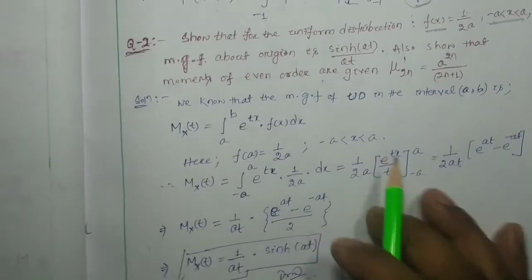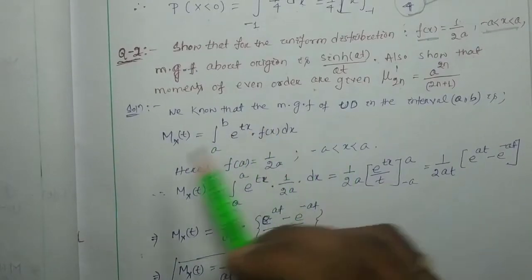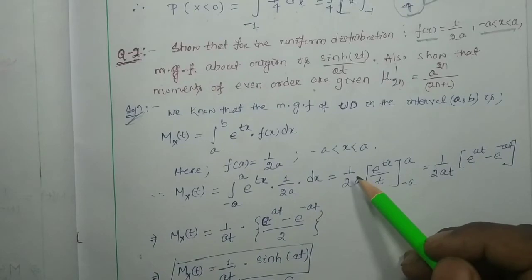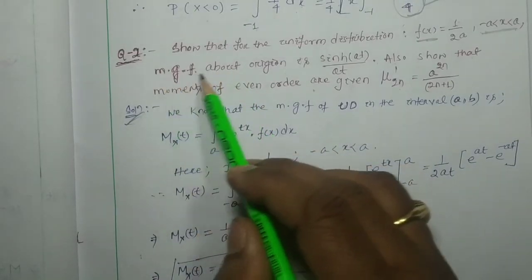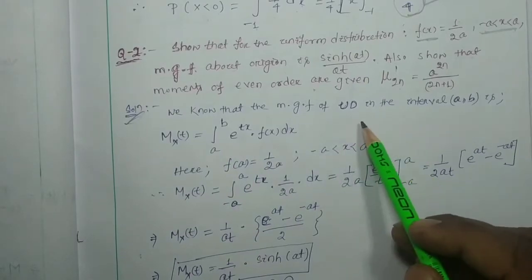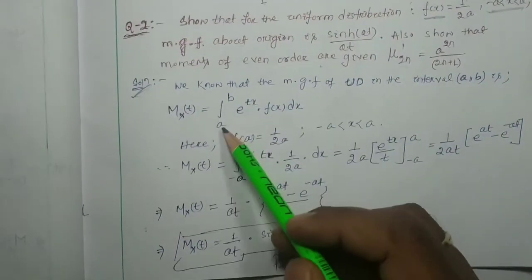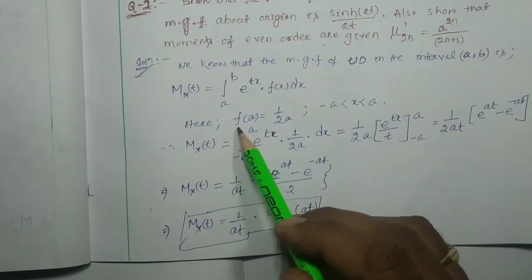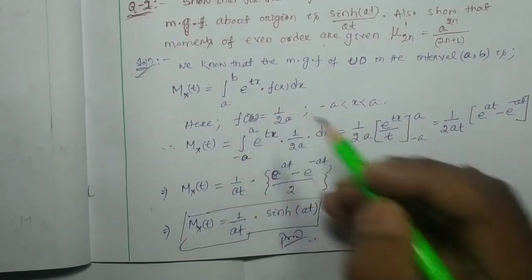Okay, so we know the mgf, how we are going to solve this first question. The mgf we have to find about the origin. The mgf of a uniform distribution in the interval a to b is the integral from a to b of e to the power tx into f(x) dx. Here it is given that f(x) equals 1 by 2a.